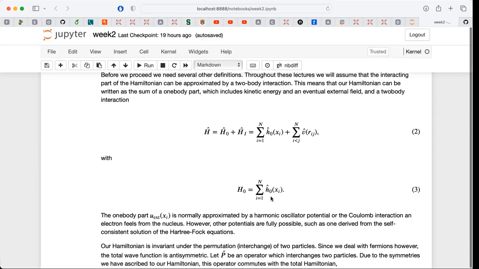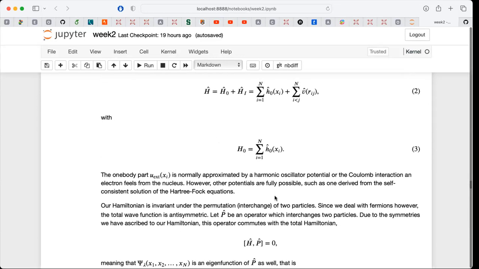So this kind of part of the Hamiltonian is a subset of the full Hamiltonian. Sometimes we can find analytical solutions to this. And we often use that as a computational basis in order to express the full basis in terms of these eigensolutions here.